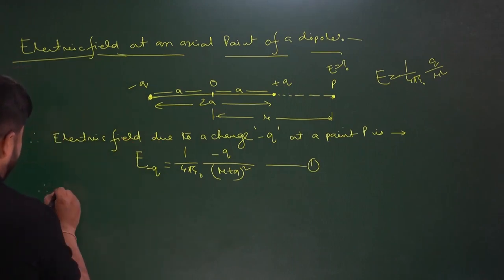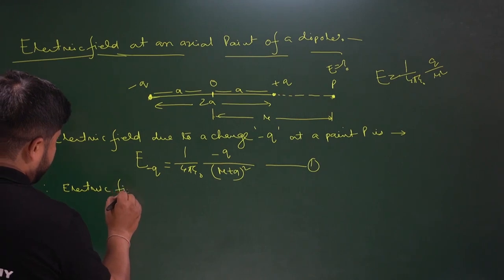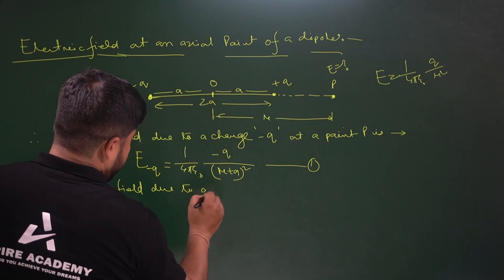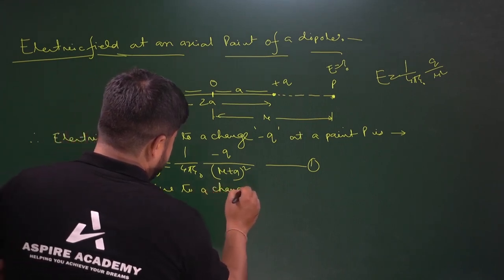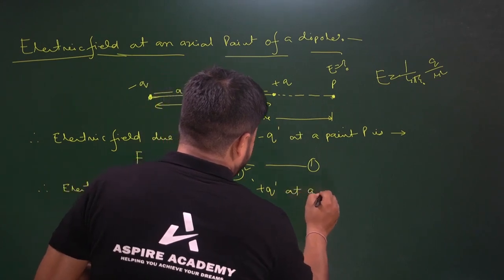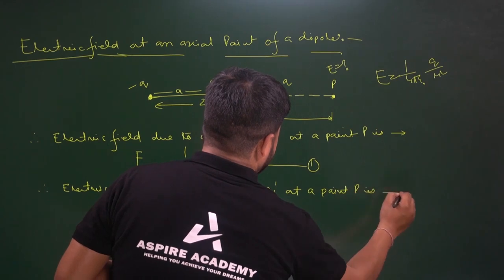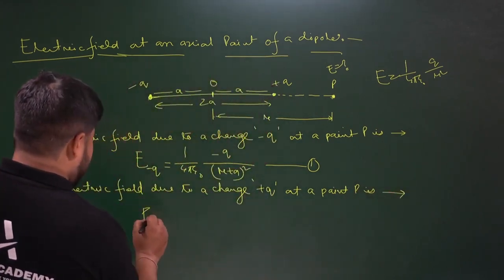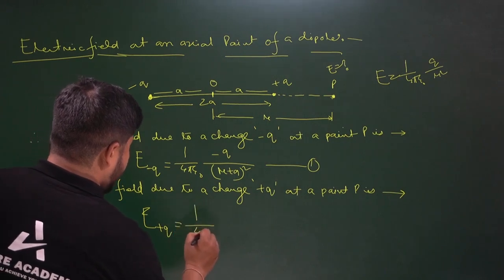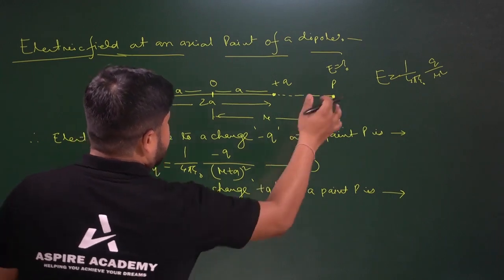Next, again, the electric field due to the charge plus Q at point P. So E plus Q is equal to 1 by 4 pi epsilon naught, plus Q by the distance from the plus Q charge to P. Earlier the distance was from the other charge, now it will be from here to here.